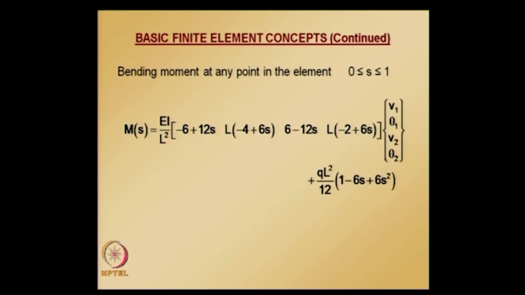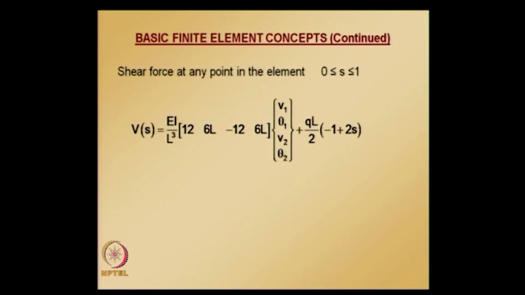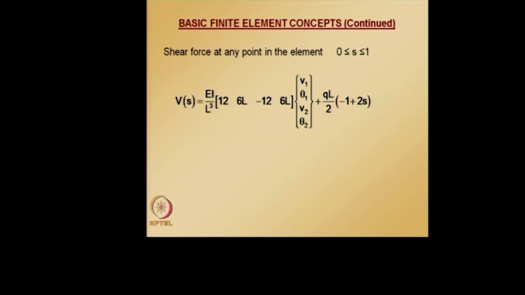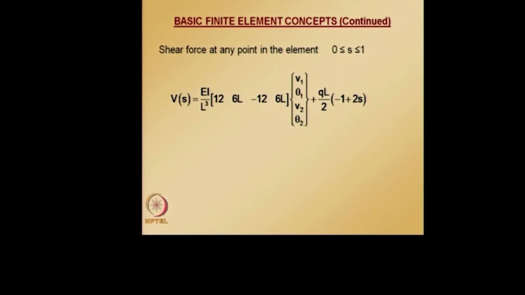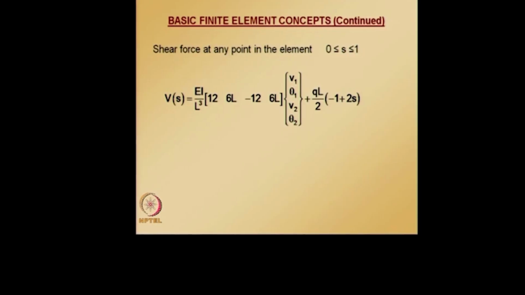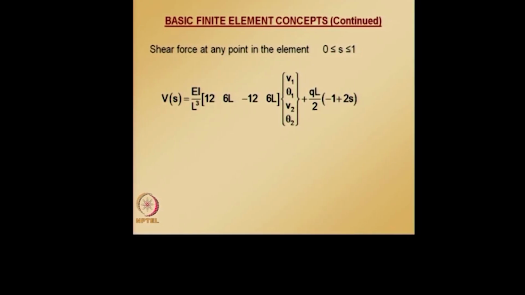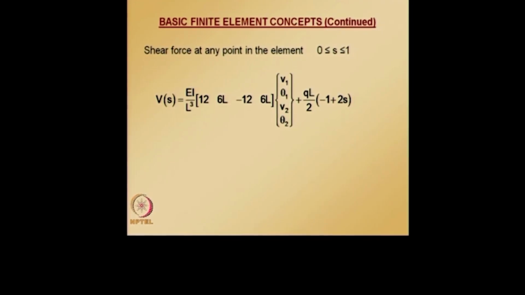And for shear, we need to add the correction factor, which is the second term in this equation. So with this we can find the exact solution not only for displacements at the nodes, but also displacement at any point along the beam length, and also moments and shears along the beam length, even if you use one element by this superposition method.